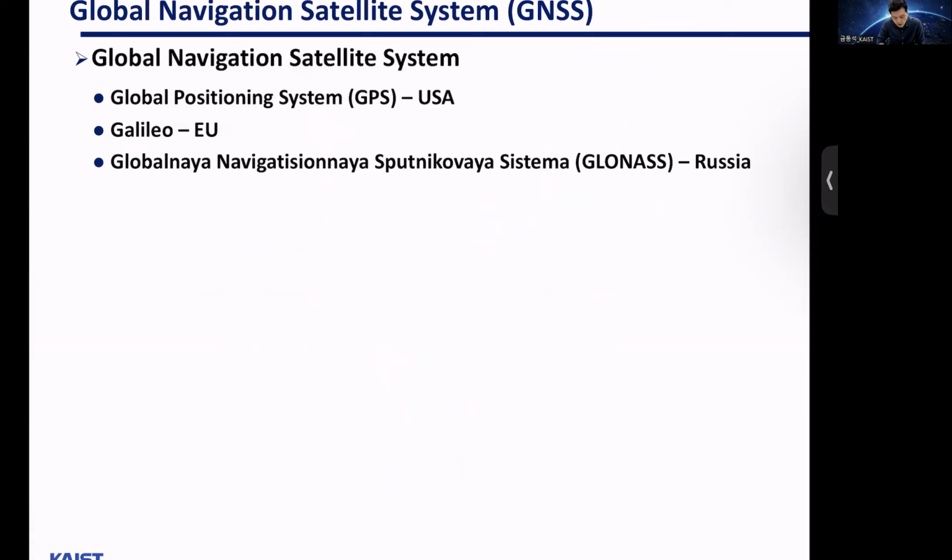And then we also have GNSS, Global Navigation Satellite System, which is often called GPS, which is the United States system. There's Galileo from Europe, and then there is GLONASS from Russia.